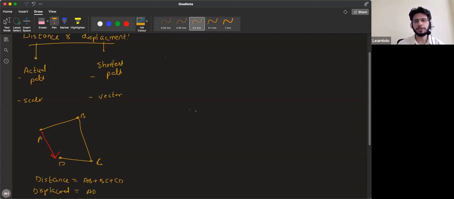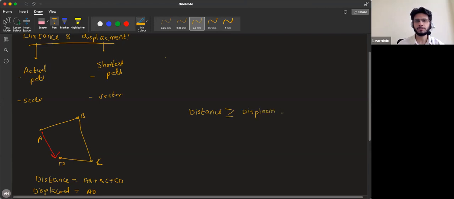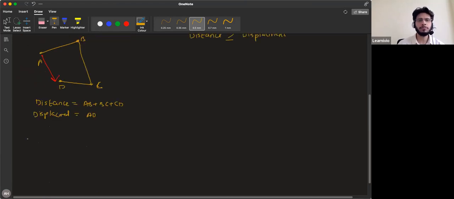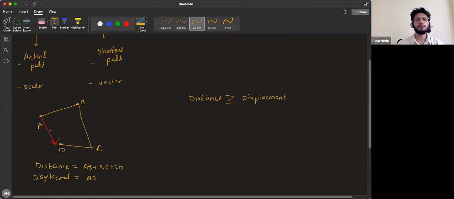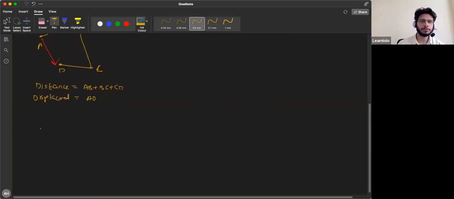So in general, distance is always greater than or equal to displacement. After distance and displacement, the next term is speed and velocity.